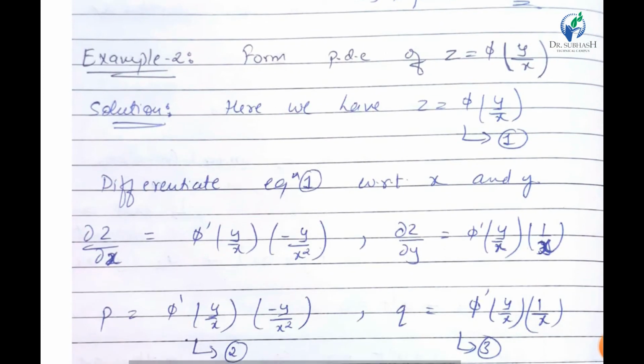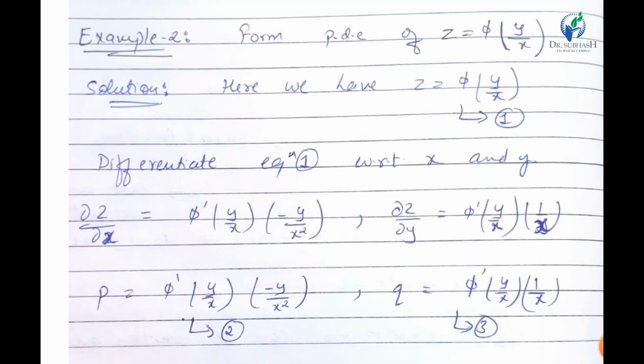for the elimination of arbitrary function. Here, form the partial differential equation of z equal to phi of y by x. Now here we will not use the determinant method. We will use the method of arbitrary functions. Now let us proceed. We name this as equation 1, the given equation.